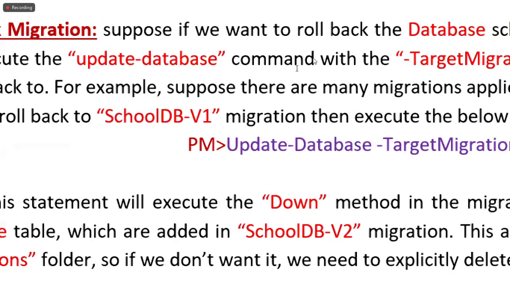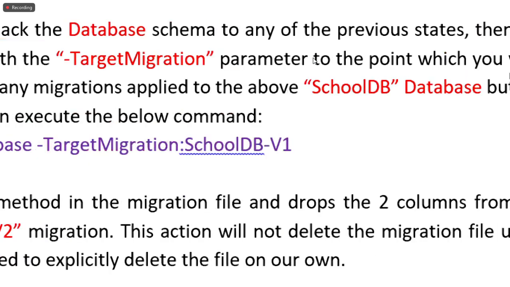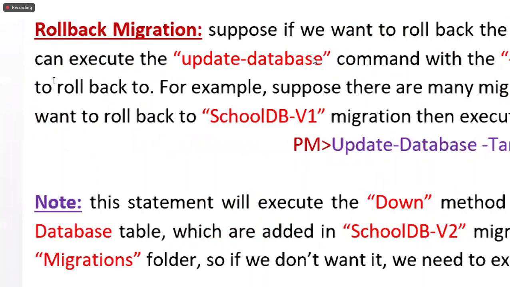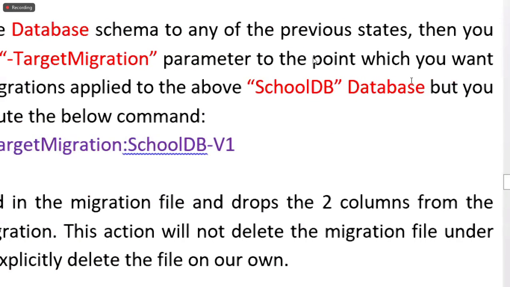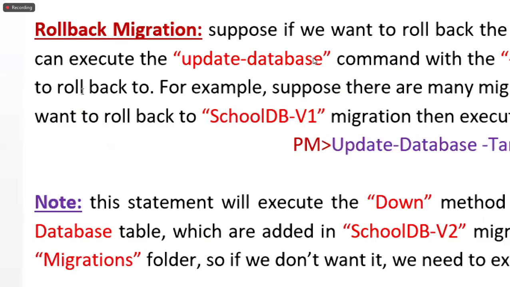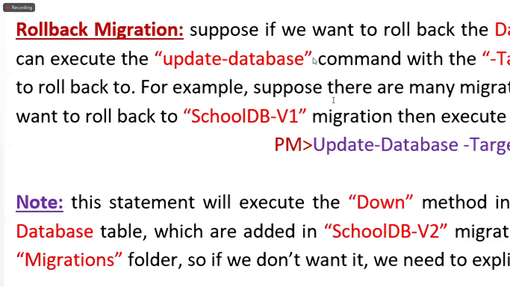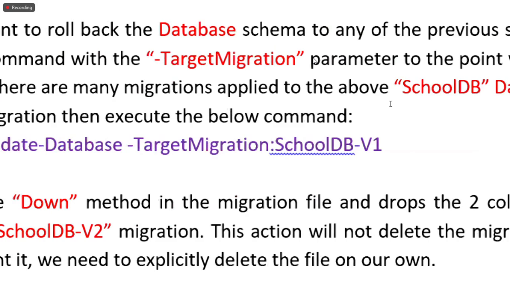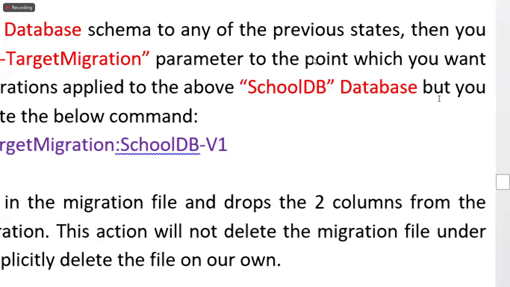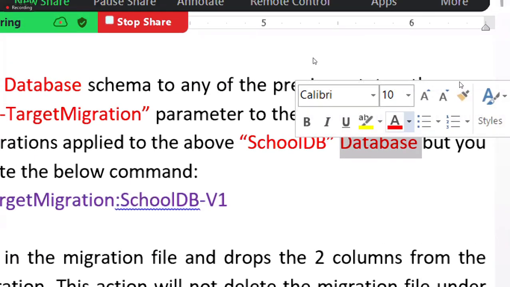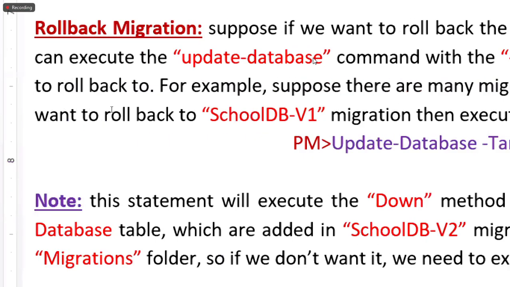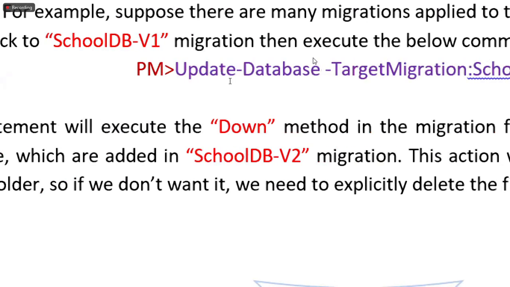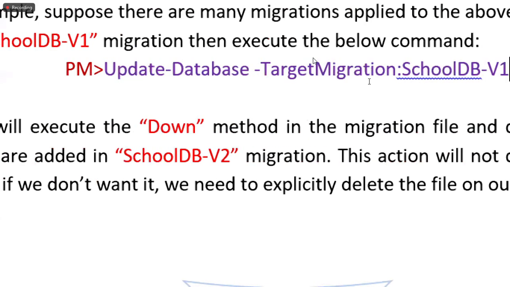Suppose you want to roll back the database schema to any of the previous states, then you can execute the Update-Database command with the target migration parameter, to the point which you want to roll back. For example, suppose there are many migrations applied to the SchoolDB database, but we want to roll back to the v1 migration, then execute the below command.